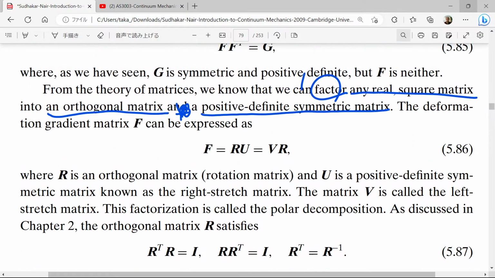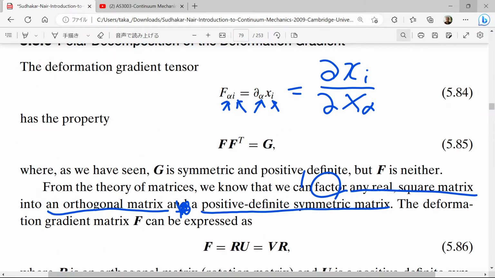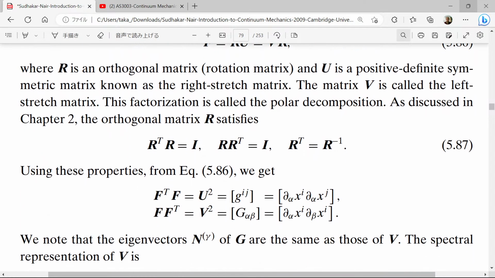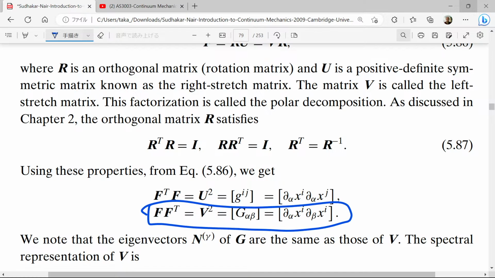This is okay. So this is given. This is given above. The question is this one. This is a question.